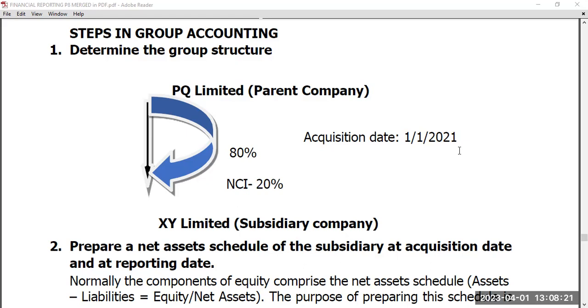Today we are resuming our series on group accounting.